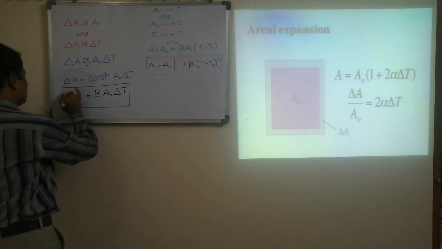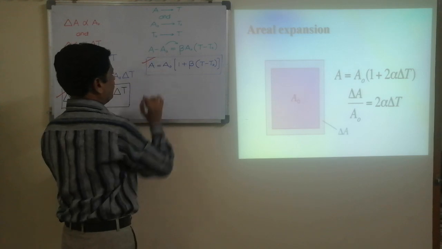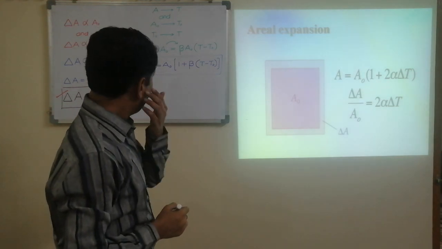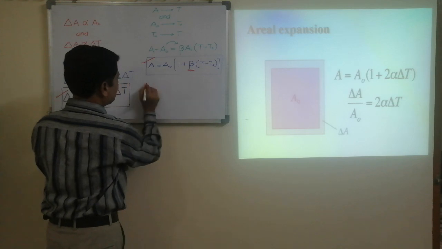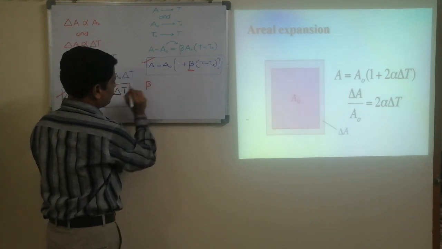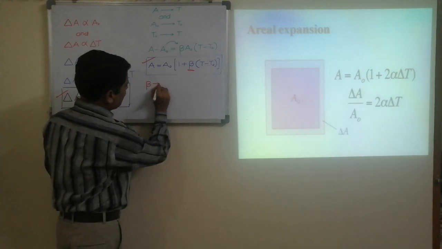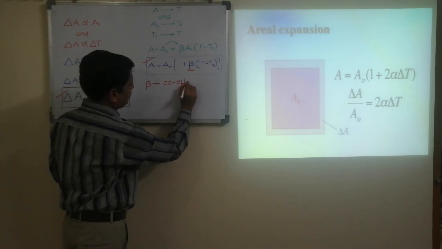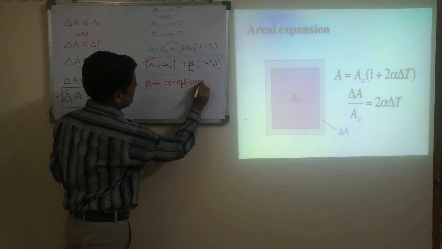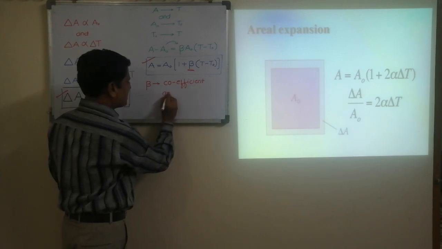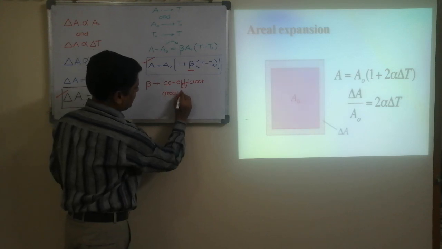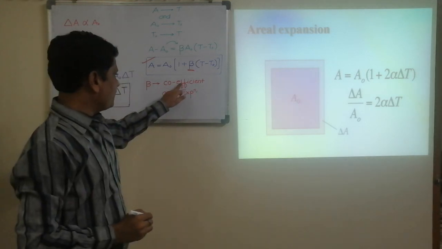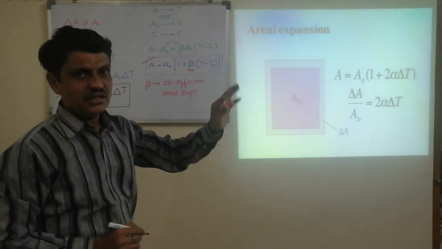One is the change in area formula, and second, the area of the body at temperature T. Here remember I said beta is the proportionality constant, and this proportionality constant is called the coefficient of areal expansion, or coefficient of superficial expansion.